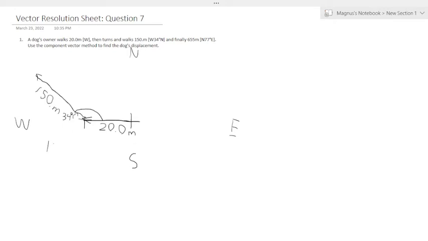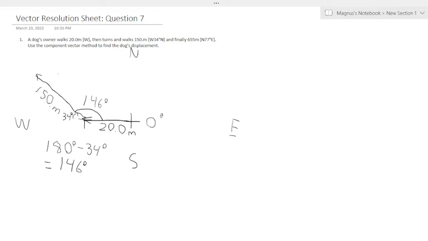So 180, which is the degrees from our 0 degrees to our west, minus 34 degrees, is equal to 146 degrees. And you'll see why this is important later on.